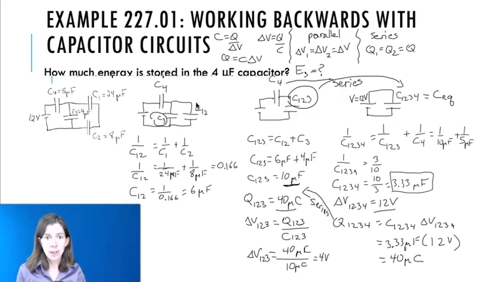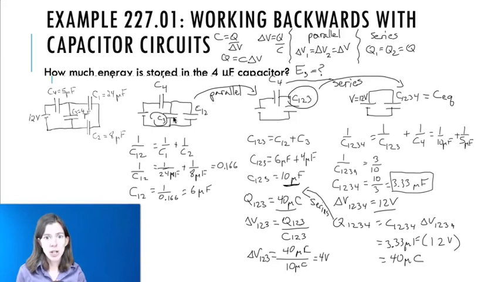Well, C12 and C3 were both connected in parallel to get to the C123. Right, to get to this circuit here, they were connected in parallel. When capacitors are connected in parallel, the voltage on each capacitor is the same as the voltage on the equivalent capacitor.